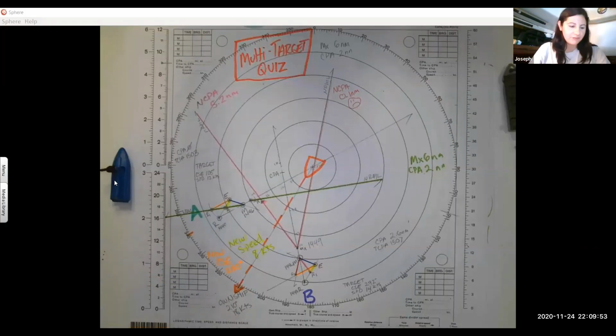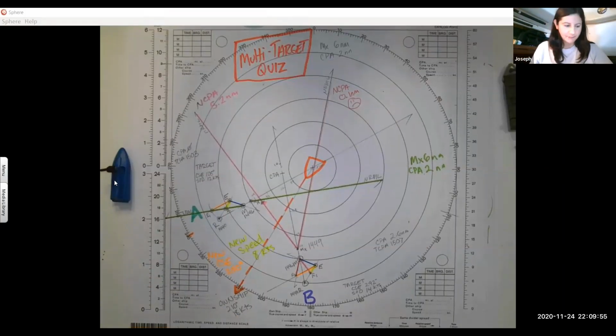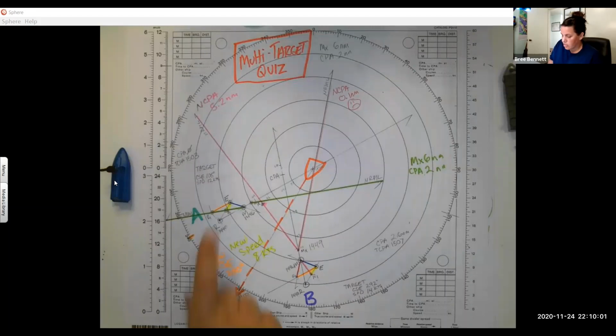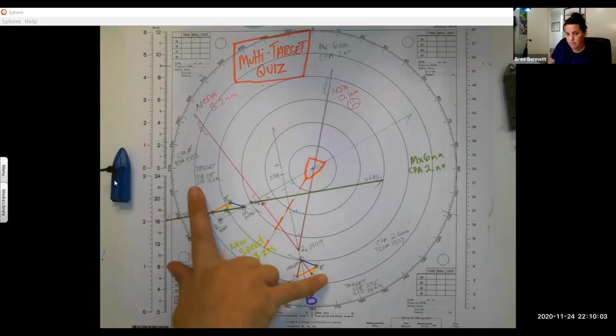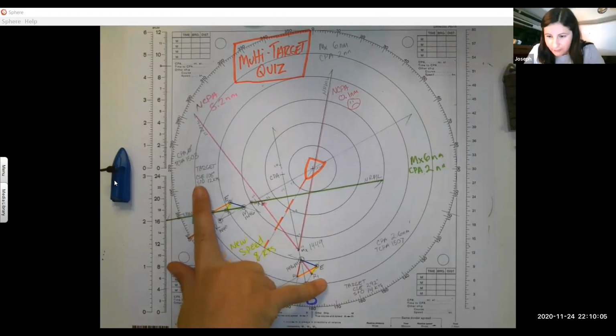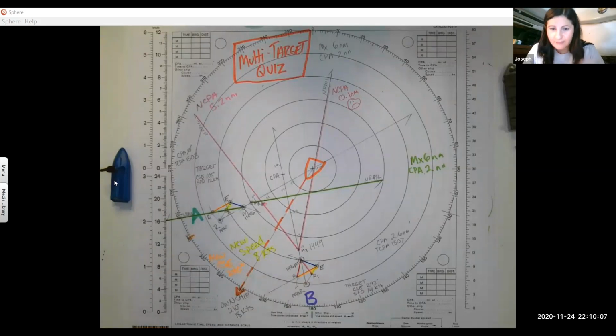Let me go back to share screen. It doesn't really match what you have, though. That's the problem. That's what I'm confused about. For target for both of them. Yeah, like the course and everything. I don't understand why I'm off so much every time.